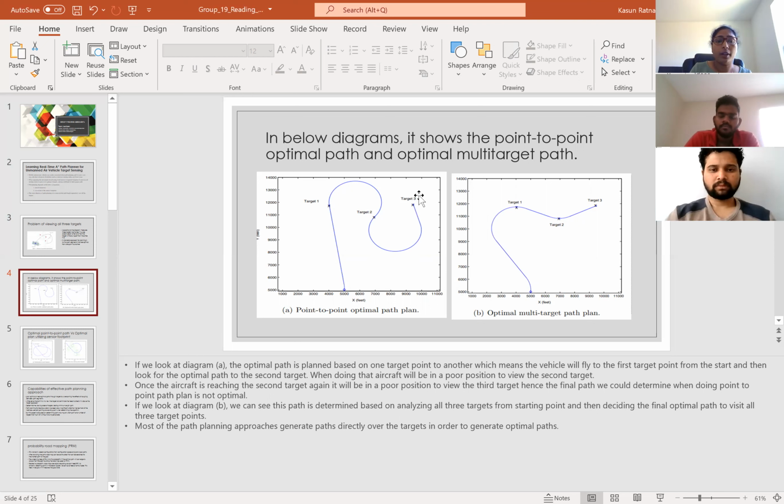If we are looking at diagram B, we can see the path is determined by analyzing all three targets at once. So when we are at the starting point, we will be aware of the number of targets we have to achieve and where they are located. According to that, we can determine the best path to reach all three targets.